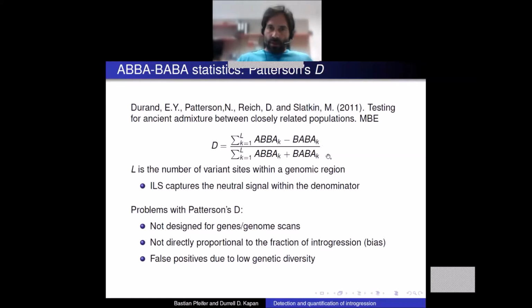And it's really cool that this can be used as a statistic because the denominator captures also the neutral signal due to incomplete lineage sorting. So on a whole genome where a lot of such signals occur, this will automatically be in the denominator.